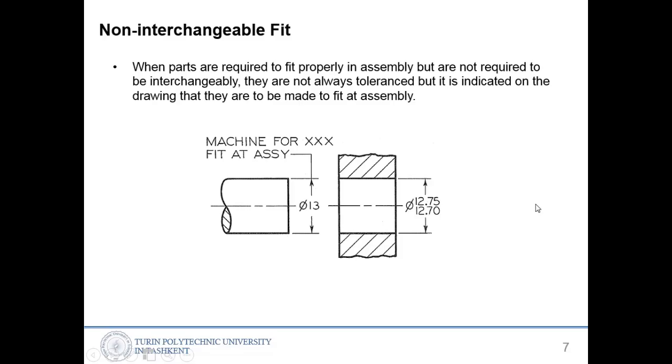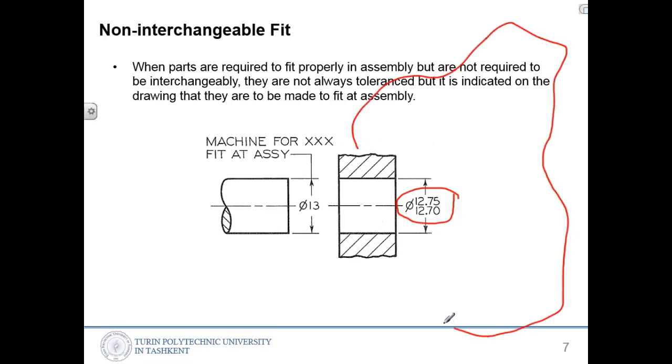And there is a non-interchangeable fit also possible. That is a very specific fit. So how to do this? We are producing a part with given tolerance, the hole tolerance. When we say the whole part, there are many other sides of the part.